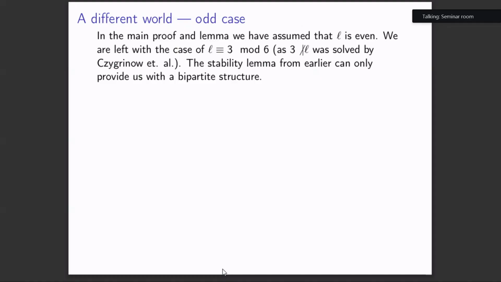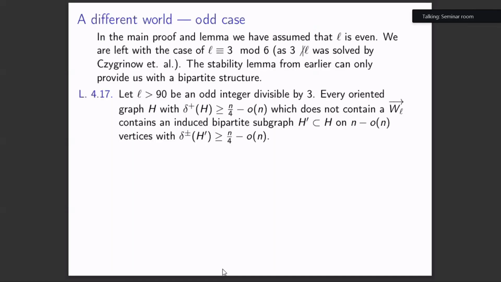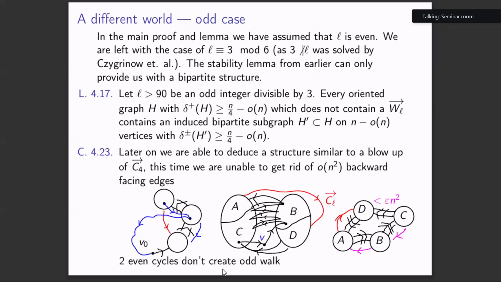So the stability lemma, unfortunately, can only provide us with a bipartite graph. What we need to do is we need to show that we are very close to a blow-up of C4. We in fact can do it, but it requires slightly different reasoning.